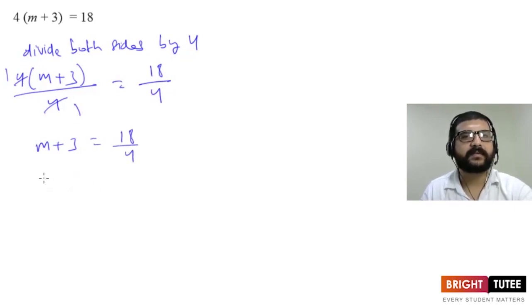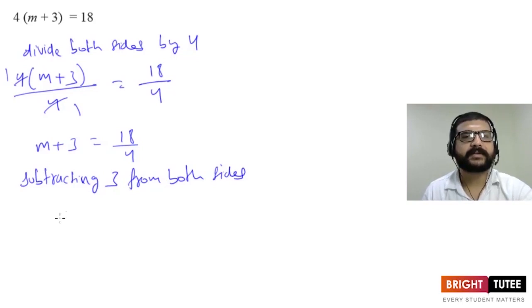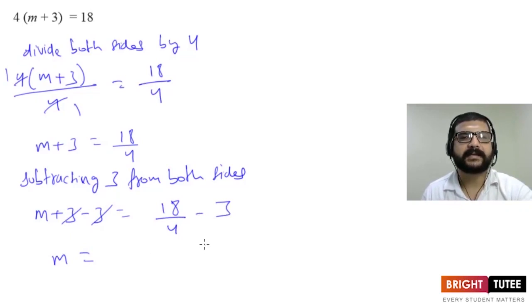Now to get the value of m, we can subtract 3 from both the sides. By doing this, we will get m plus 3 minus 3 is equal to 18 upon 4 minus 3. Now this plus 3 and minus 3 will be cancelled out. So m is equal to 18 upon 4 minus 3.